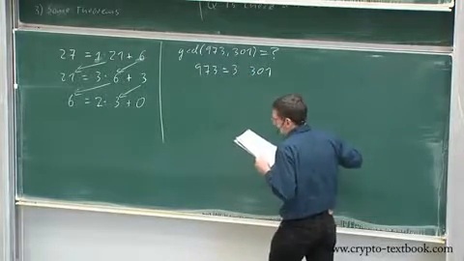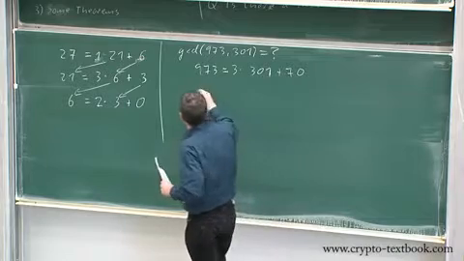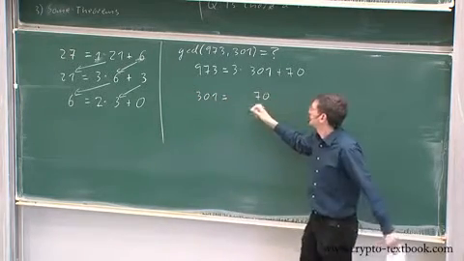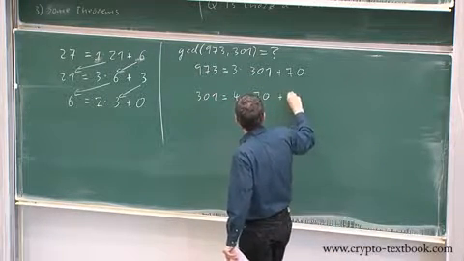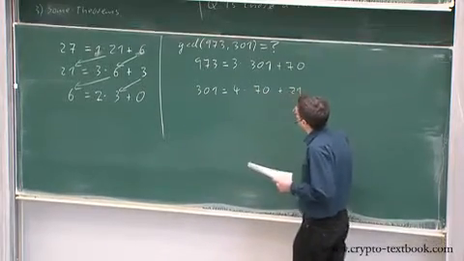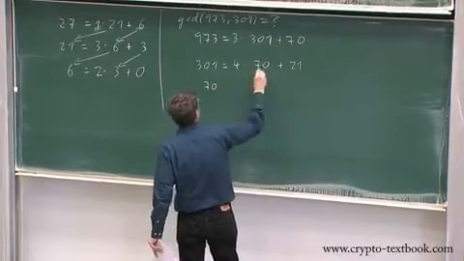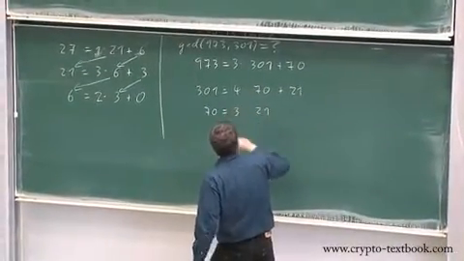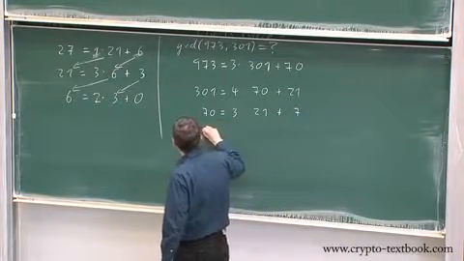So this is 3 times 301 plus 70. Again, you shift them over. Here you see that the 70 fits in 4 times in the 301. Gives you a remainder of 21. Now you operate on 70 and 21. The 21 fits in 3 times. Gives you a remainder of 7.